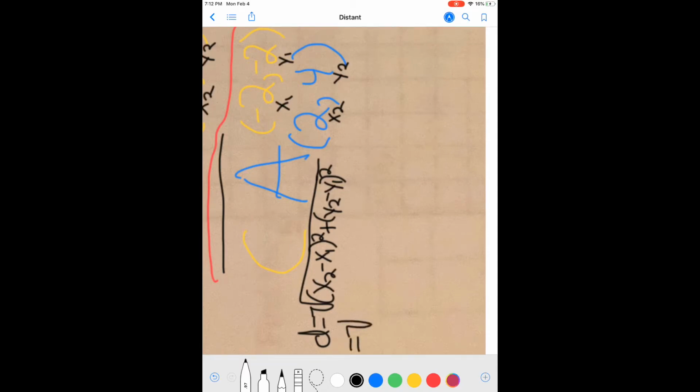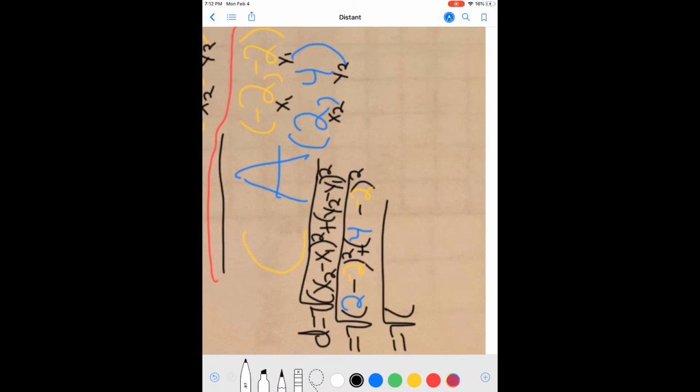Going to substitute in. Still have two parentheses. Both are squared. Both have addition. Both have subtraction. So our x2 is 2. Our x1 is negative 2. Our y2 is 4. Our y1 is negative 2. So we're going to simplify.